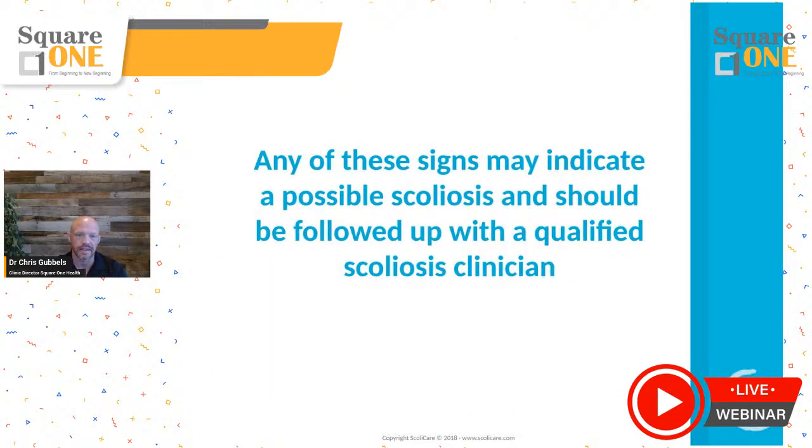Now, any of these signs, like I mentioned, may indicate that there's an underlying scoliosis. And if you see any of those, it's recommended that you get your child, whoever you're looking at, to a specialist to have further, more detailed evaluation for scoliosis. And then the gold standard when we see those signs is to do an X-ray, and the X-ray is the gold standard to look at and detect scoliosis.